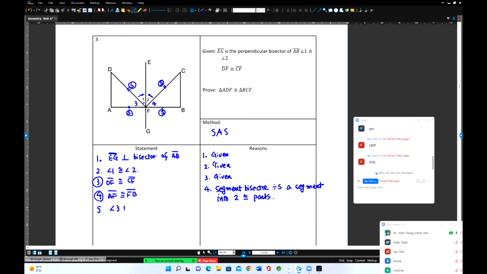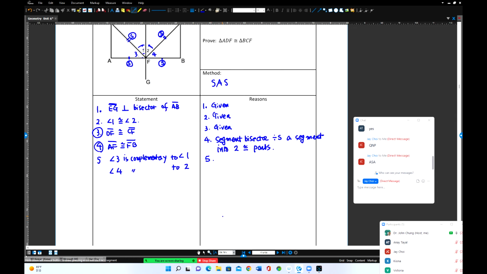Angle 3 is complementary to angle 1, same as before. And angle 4 is also complementary to angle 2. What's the reason over here?